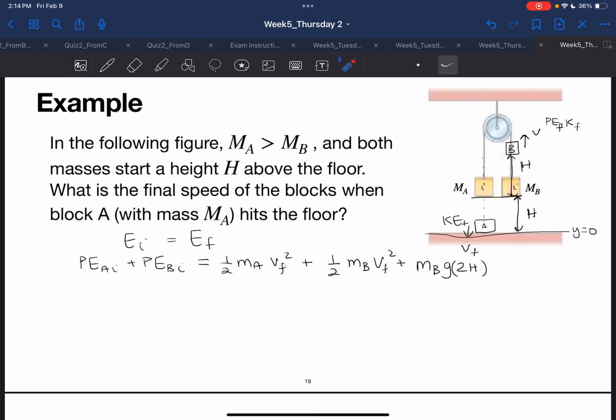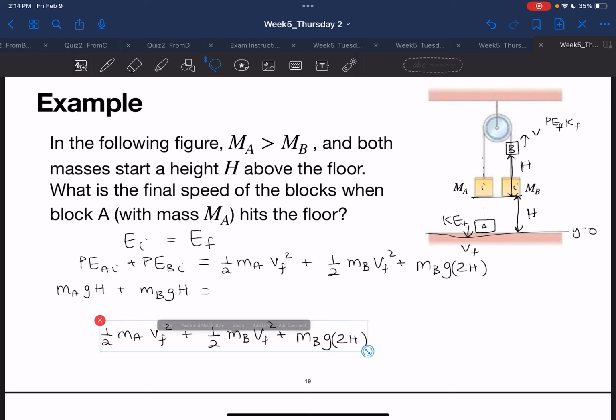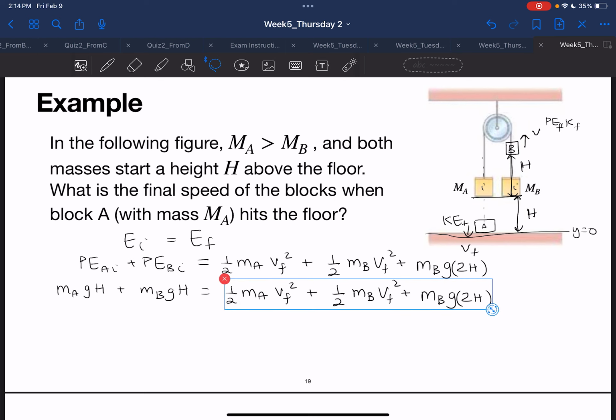All right. So now, on the left-hand side, we need to plug in the potential energies. So that's mA g h plus mB g h, and that's equal to what we just wrote down. So let's just copy this. All right, now we need to do some algebra and simplify things.